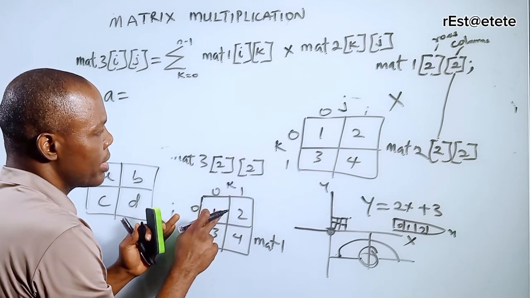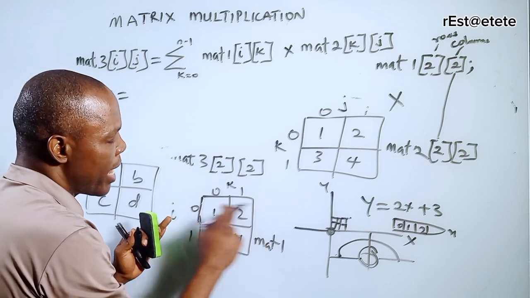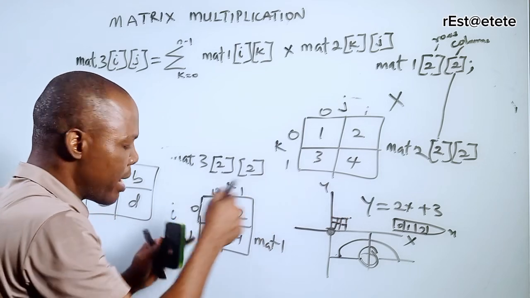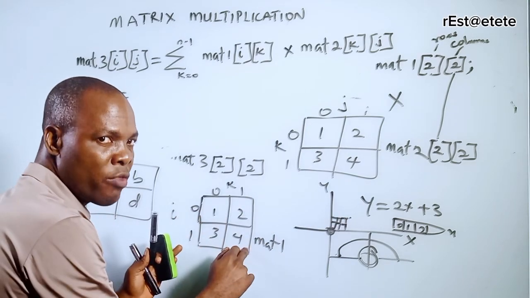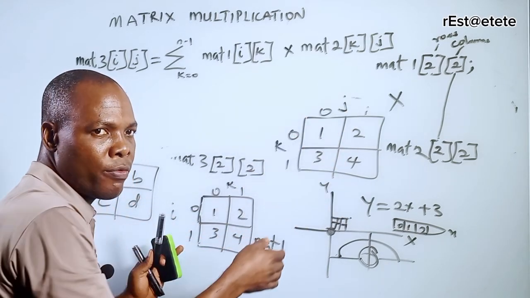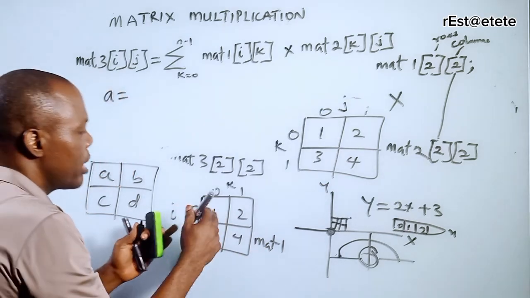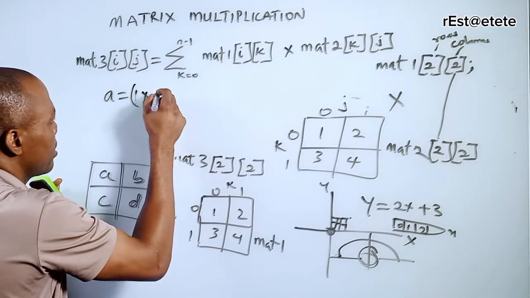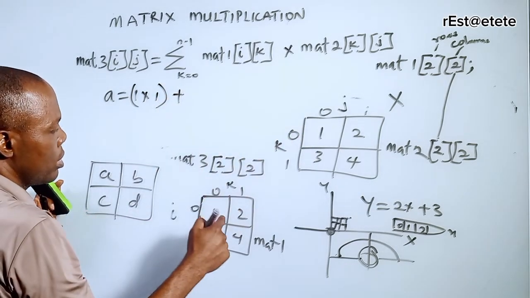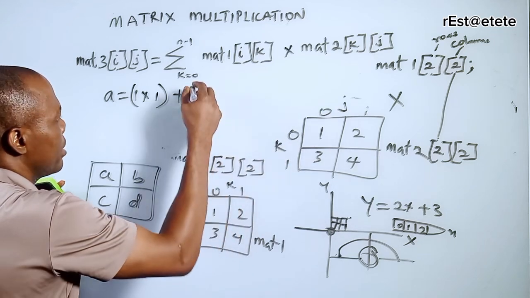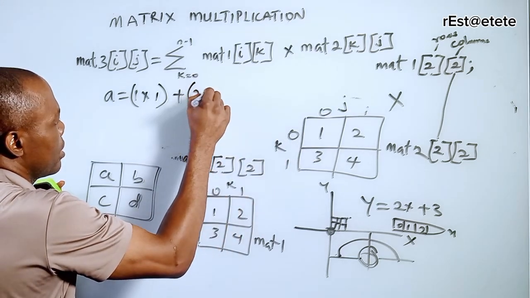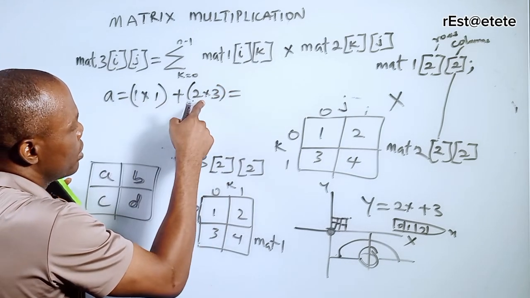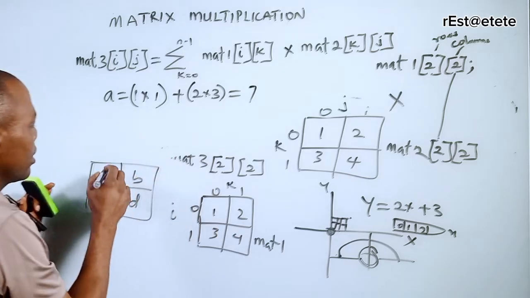You multiply the row of mat 1 with the complete column of mat 2, then the second row of mat 1 with the complete column of mat 2. So doing that, A will be 1 times 1 plus 2 times 3. This will give us 1 plus 6. This will give us 7.